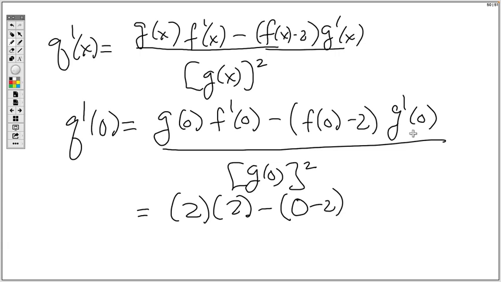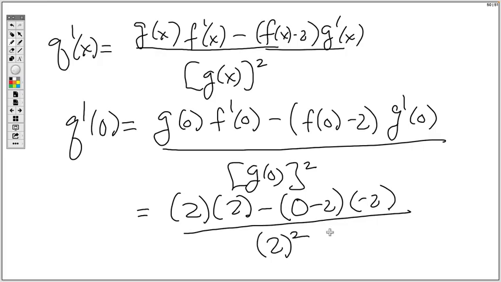And what did we get for g prime of 0? Minus 2. All over, once again, g of 0, 2, squared. So we got a lot of 2's here. We got to be careful. I got 2 times 2 is 4. I got 2 times negative 2, which is what? Positive 4, but remember it's being what?